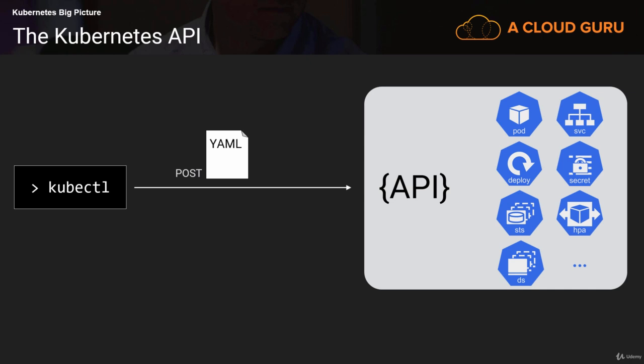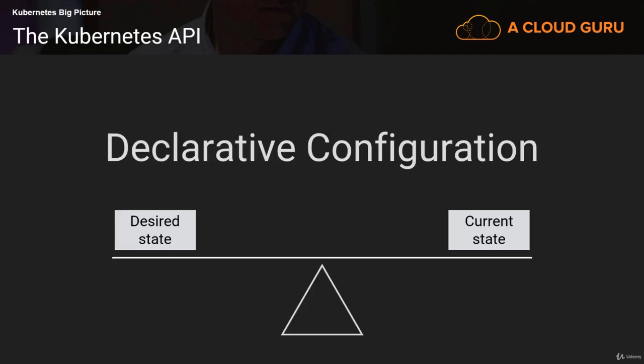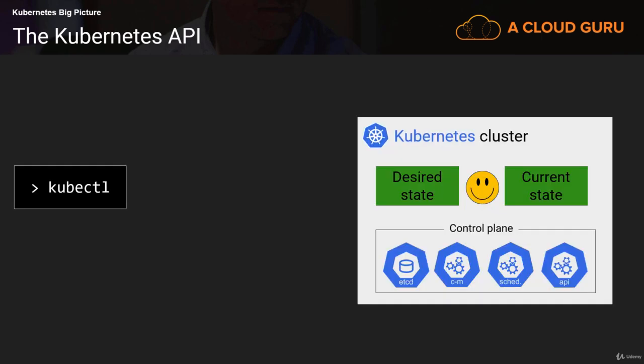Now, before we get into API versioning and the likes, I want to explain this notion of a declarative configuration. You see, the Kubernetes way of deploying and managing apps is to define the various parts of those apps in YAML files. You post these to the API server as a record of intent, and this updates the overall desired state of the cluster.